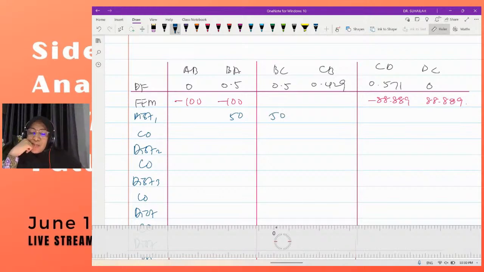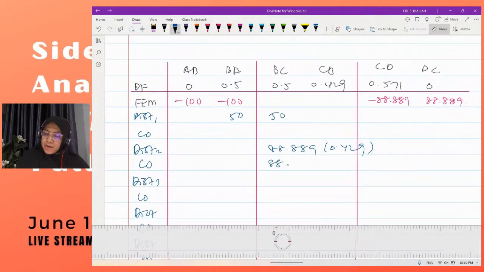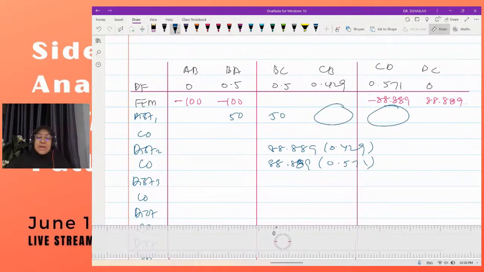And we get 88.889 times 0, and 88.889 times 0.429 and 88.889 times 0.571 for these two values. Okay, so until this, can you continue to complete this?